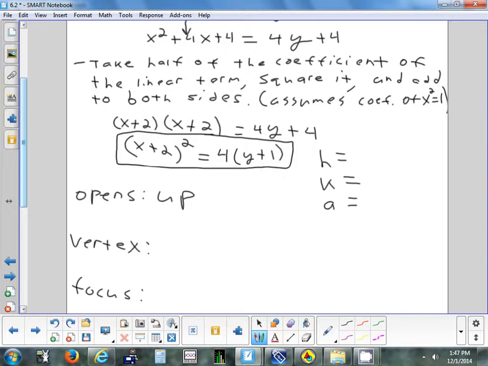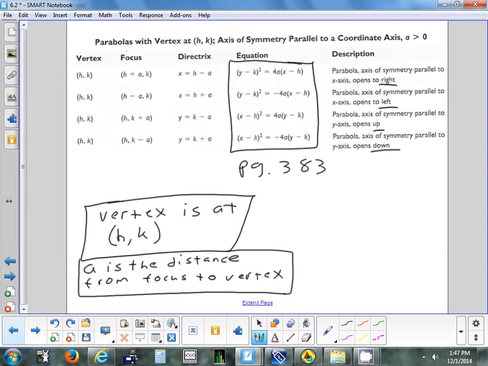Not 2. Be careful because of this plus sign here. It would have had to have been a -2, and that's how it would have become a positive there, because it's x minus h. So x minus -2. Why is that h? Let's look at your formula. H always goes with x, and k always goes with y.